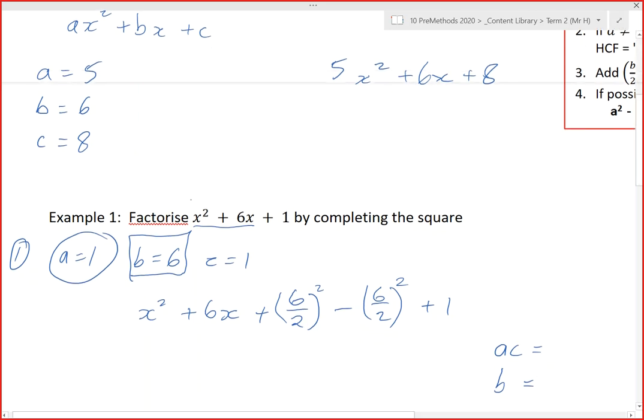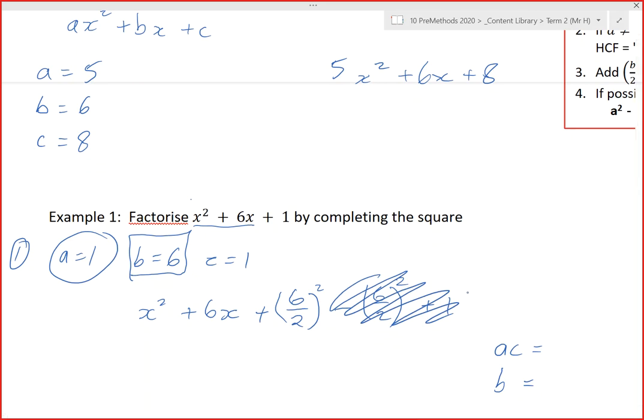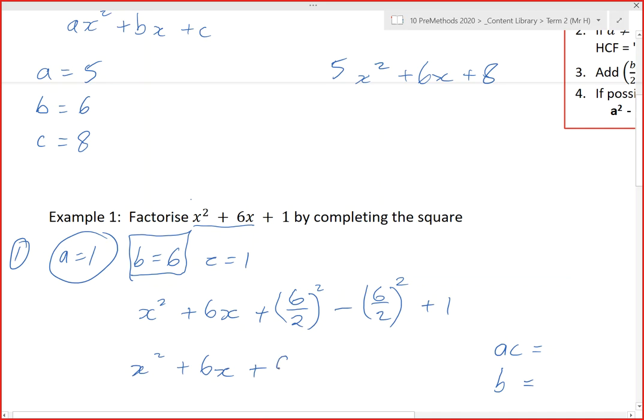So if we just have a look at the first 3 terms now. Ignore those 2 just for the moment. So I've taken the B number, which is 6, I've divided it by 2, and I'm squaring it. What does that become? 6 divided by 2 squared is 9.